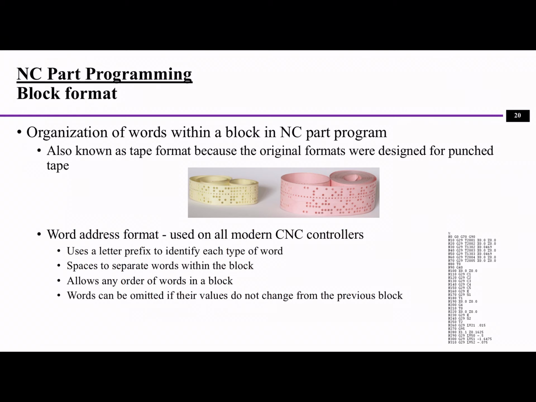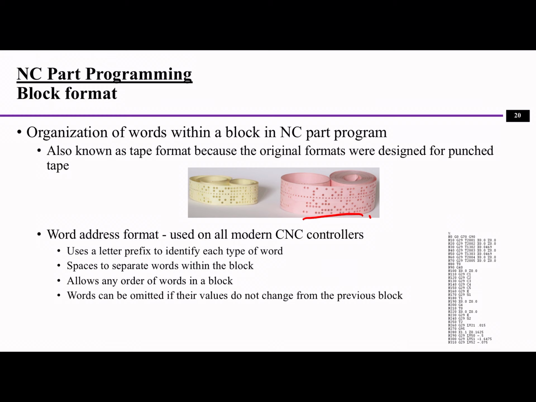Block format. So basically the programming of the CNC or the part machining. What kind of program format is it? In ancient times, which is a very, very long time ago, maybe decades ago, when CNC machines had just started, people used punched tapes to tell the machine what to do.